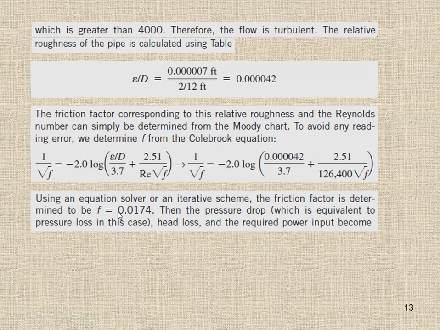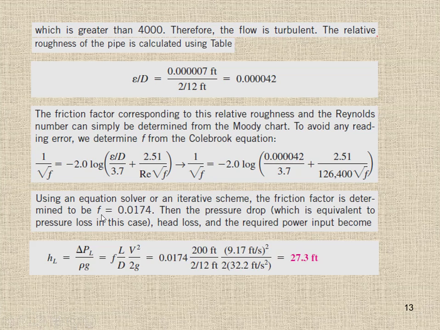Once you know f, you can easily calculate the head loss by using this formula. f is known, L is known, D is known, velocity you have calculated, g is known. You insert the values and get a head loss of 27.3 feet.